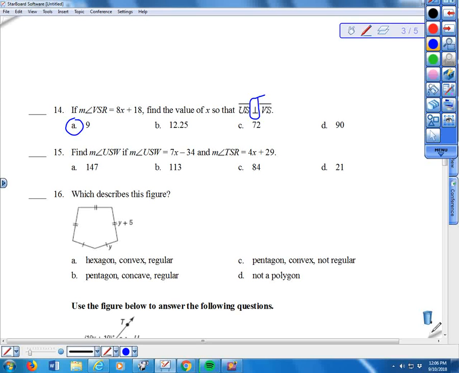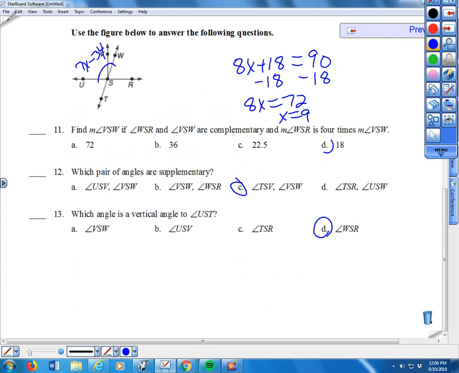And TSR is 4x plus 29. So what is special about the sum of those two angles? What do they make? This angle and this angle. They make this line, which means they're supplementary, which means they're equal to 180 when you add them up, right?